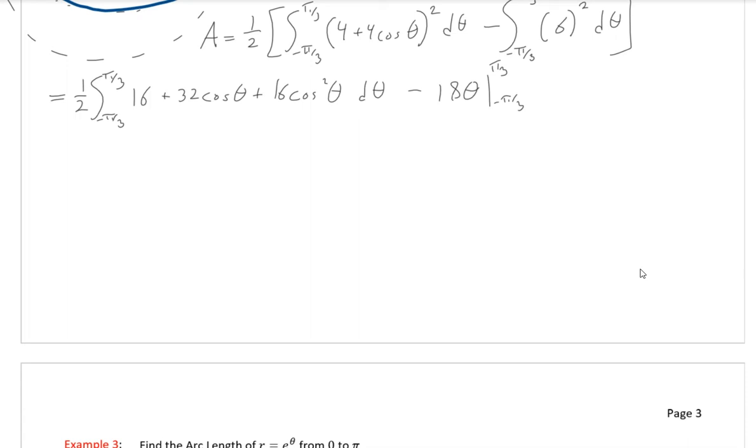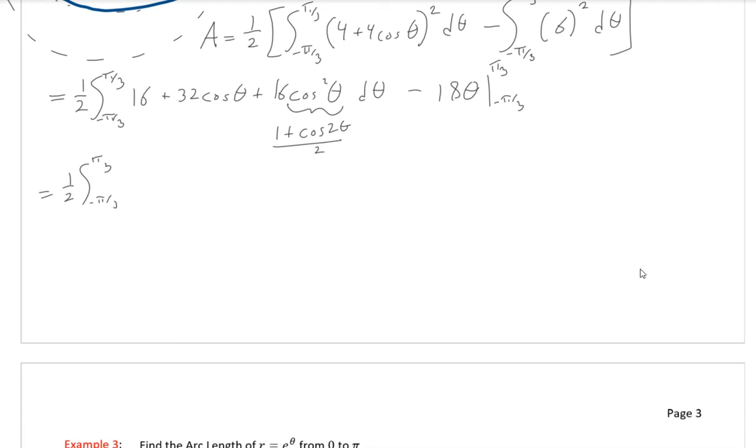With a little bit of work, we can solve this. Again, we see that cosine squared, that's the only problem, but we can replace that with 1 plus cosine of 2 theta over 2. And so what that'll give us is 1/2 integral from negative pi thirds to pi thirds.